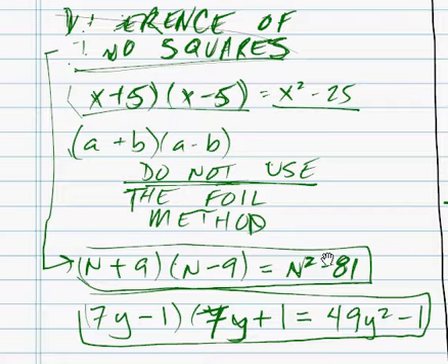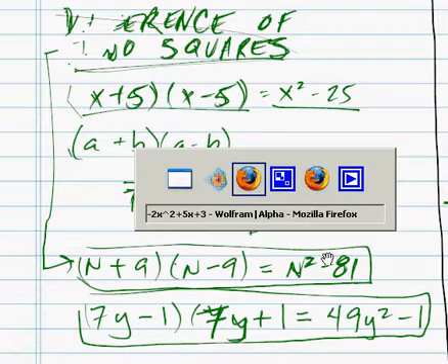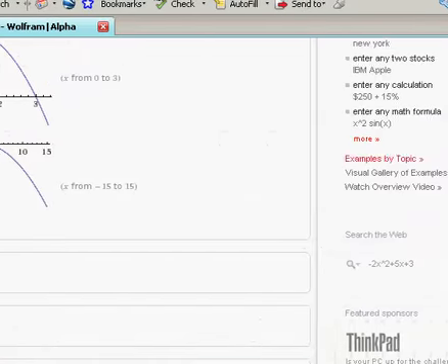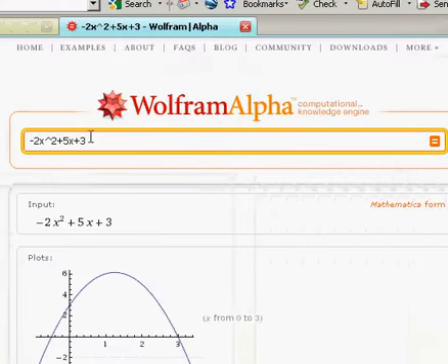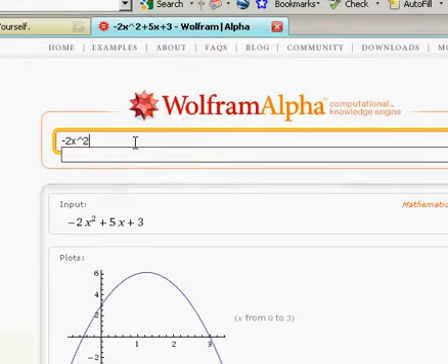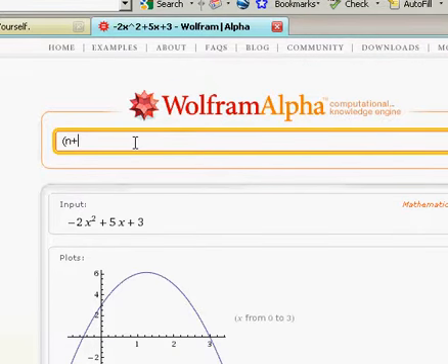Now let's take a look at some of these equations at Wolfram Alpha and see how they graph. Let's try the first one, n plus 9 times n minus 9.